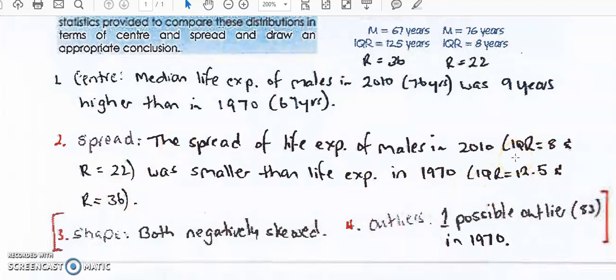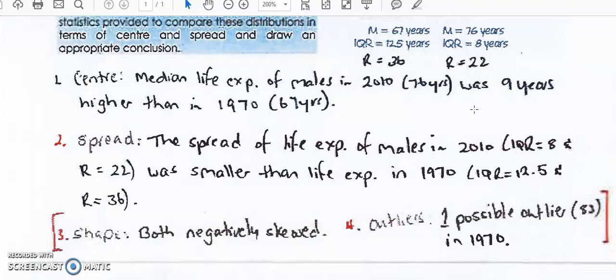It's one thing to see these numbers and just say one's higher, one's lower. What this is actually saying is that in 2010 these age ranges being smaller meant there's not this wide variability of age at which a male in 2010 will pass away. So you're not going to get a wide range.